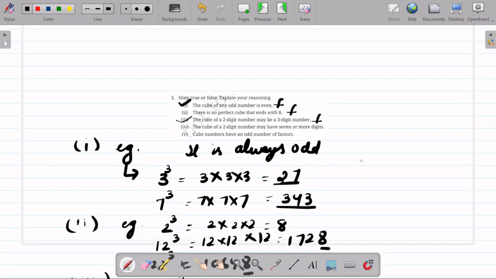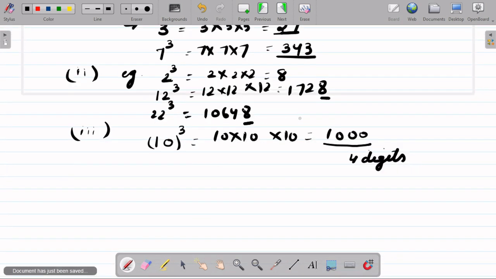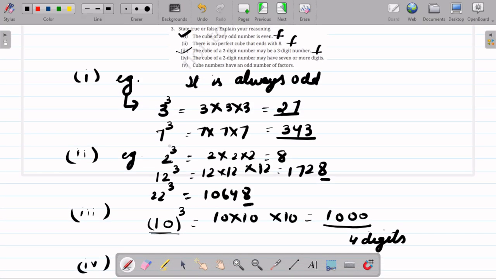The question asked here is whether the cube of a 2-digit number may be a 3-digit number. So when we take the minimum number, we are getting at least 4 digits, right? So false.